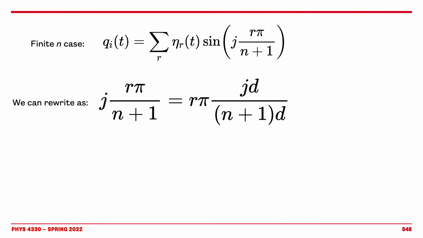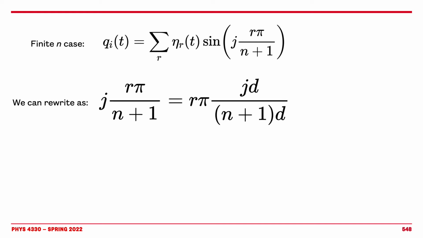So, let's try to see how we can impose the limit of n going to infinity to this. It's actually pretty straightforward. If you look at the argument of the sine, you multiply up and down by d, right? You don't do anything by doing this. You multiply up and down by d.